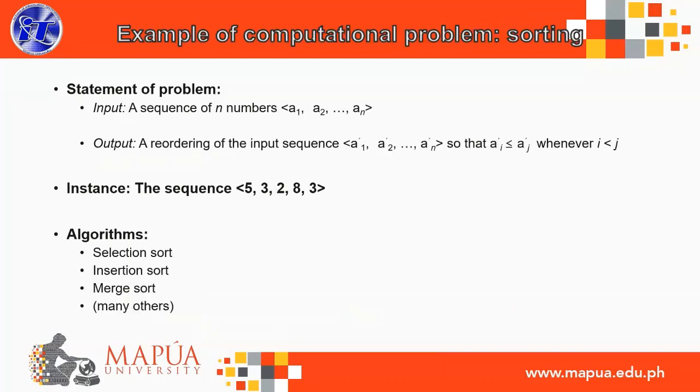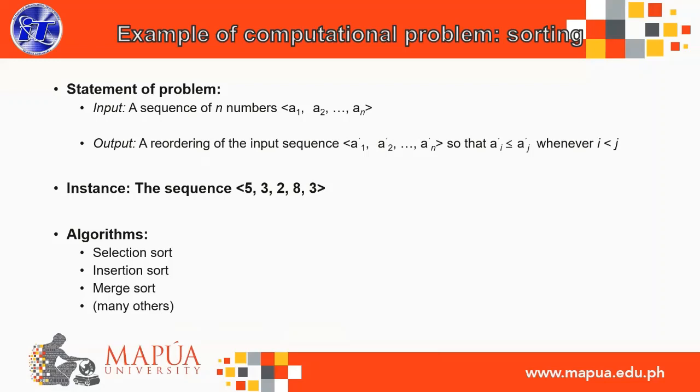So, an example of a computational problem: sorting. Our input is a sequence of numbers, A1 to AN. The output, we need to organize it from A1 to AN, wherein A1 is the smallest and AN is the largest. So an instance, this is the given: 5, 3, 2, 8, 3.